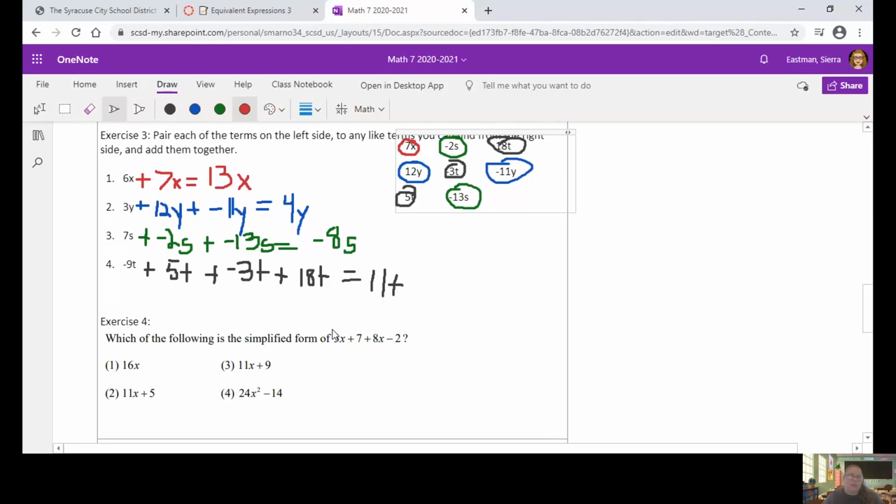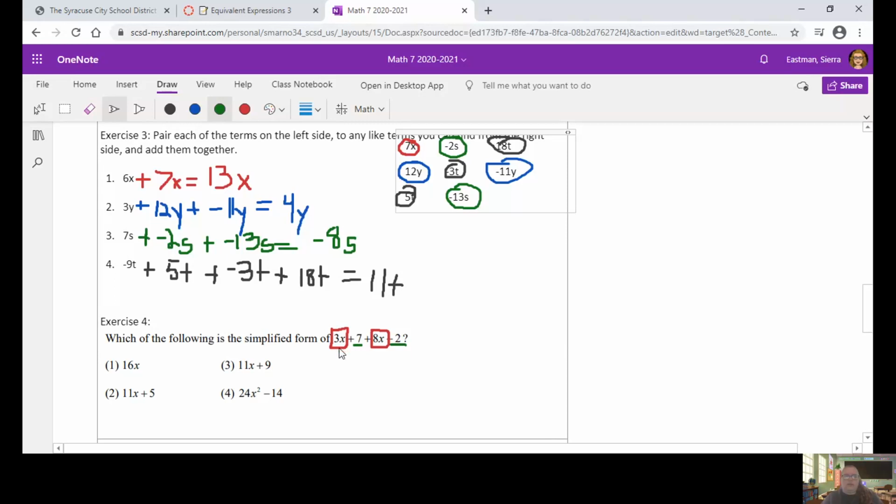You could create different shapes with a pencil, right? And I want to box in the ones that are like terms. This 3x is like terms with this 8x because they both have x's. But the 7 and the -2 here are not like terms with those x's. They don't have the same variable. They're only like terms with each other.